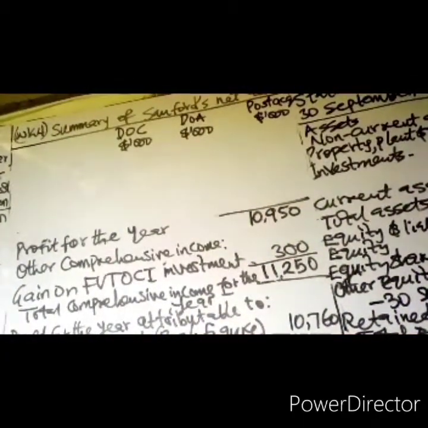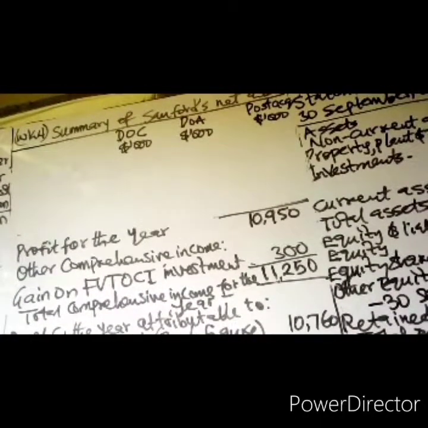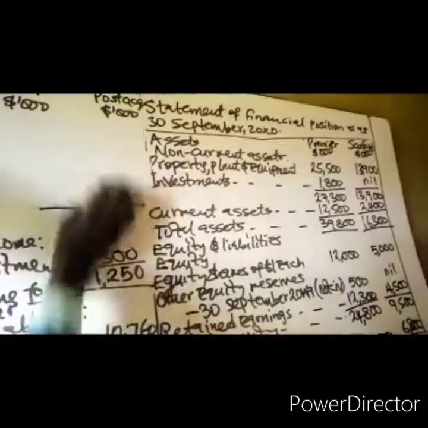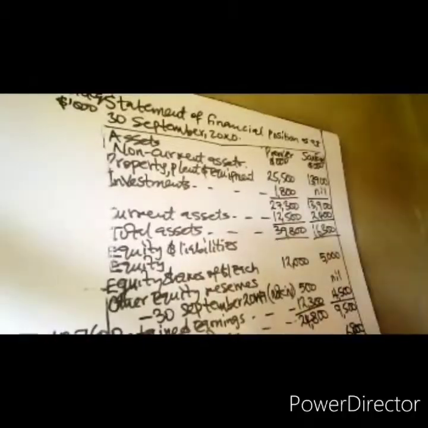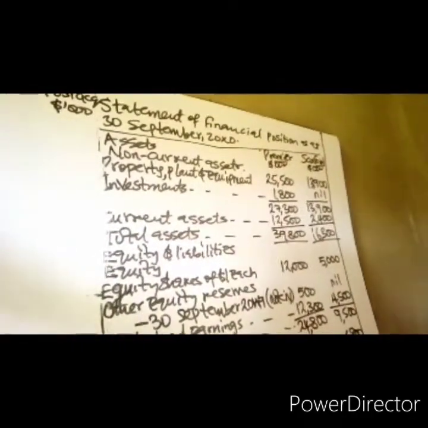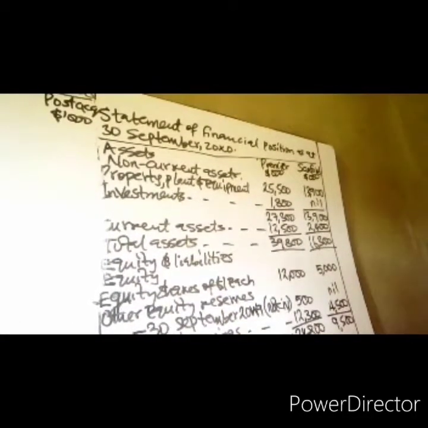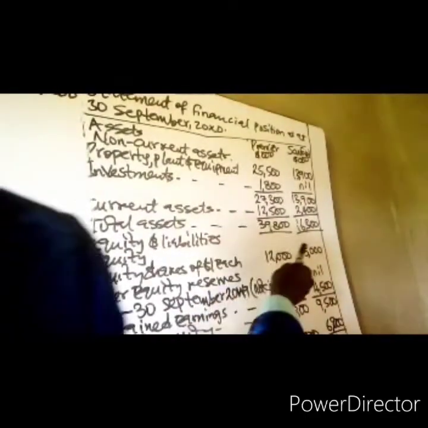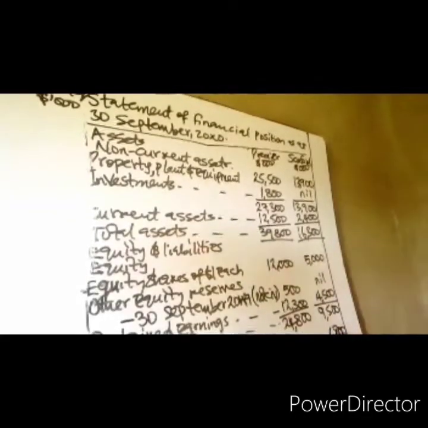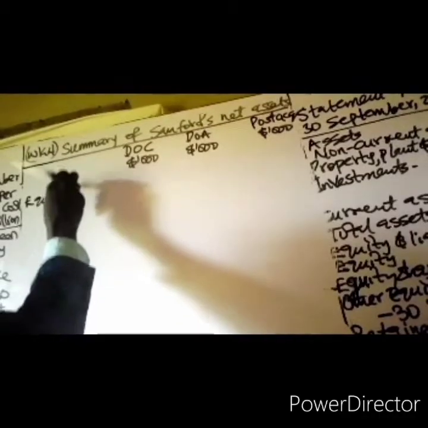I've told you that net assets are the equity. You go to the equity section of the statement of financial position. Then you have equity shares.